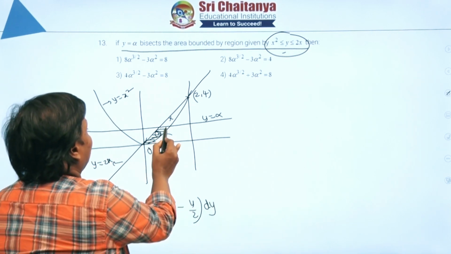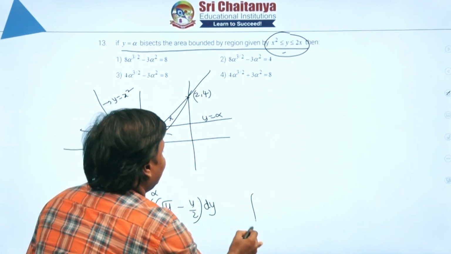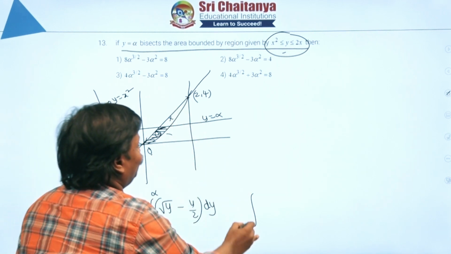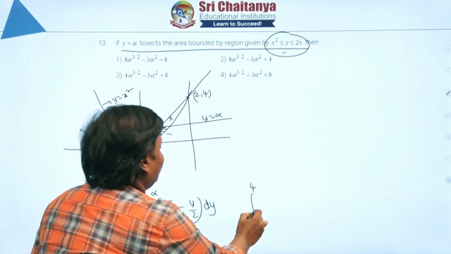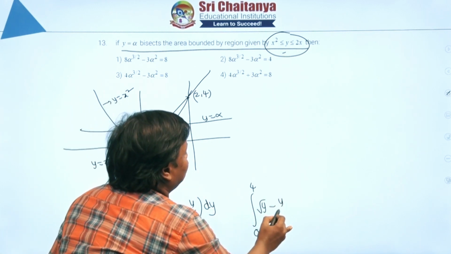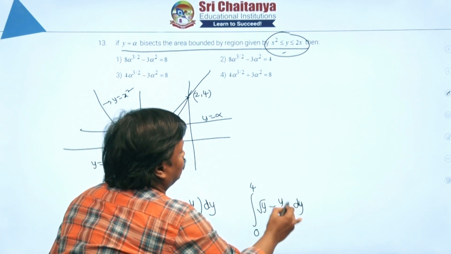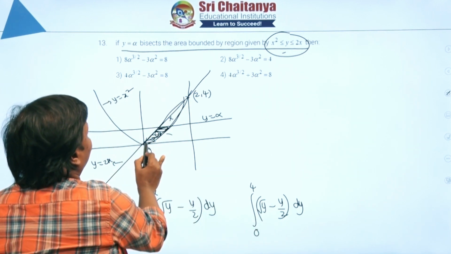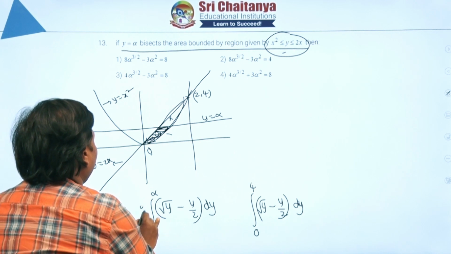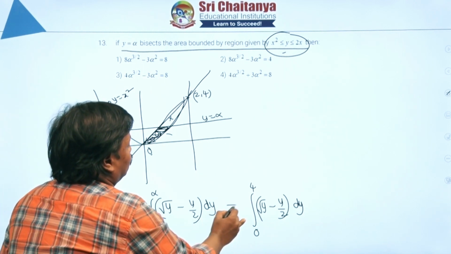I got this area. So this total area is integral 0 to 4, same root y minus y by 2, because it is between the same curves. But this total area will be double to this area. So that means I equated 2 times to this one.